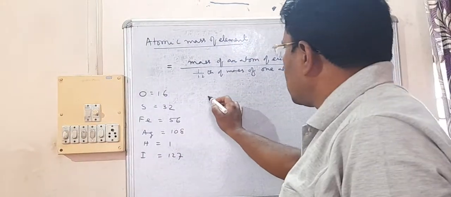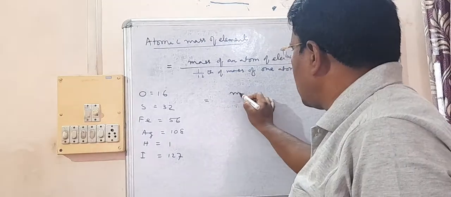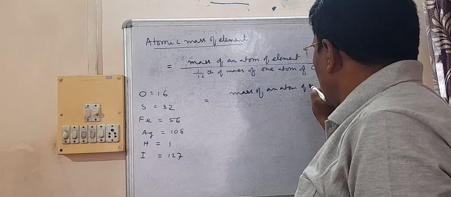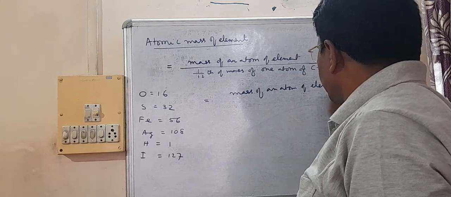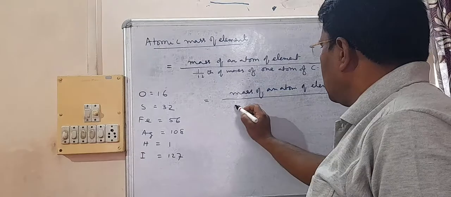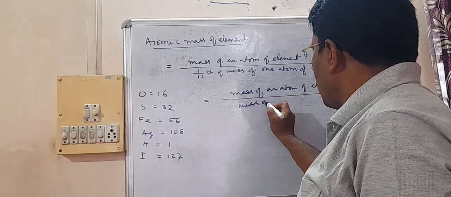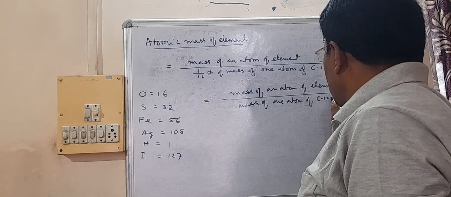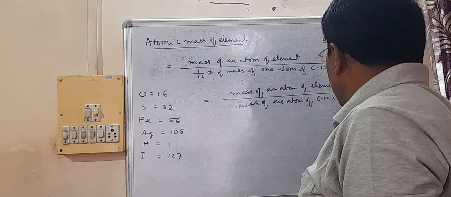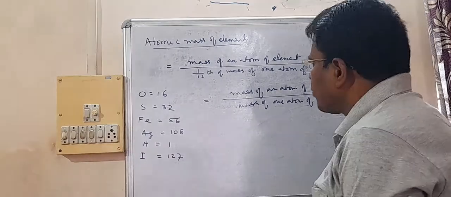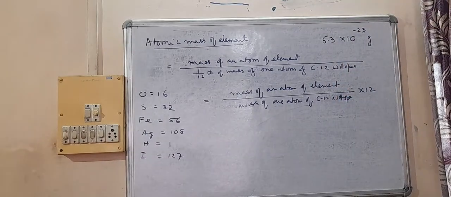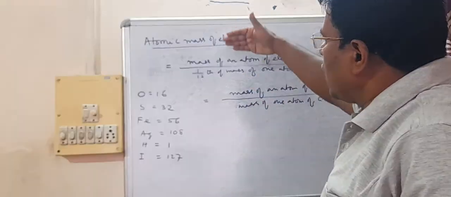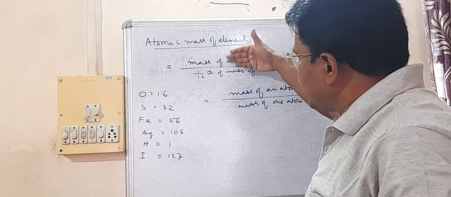We can also write it another way: mass of an atom of the element divided by the mass of one atom of carbon-12 isotope into 12. So you see, atomic mass is called relative atomic mass.